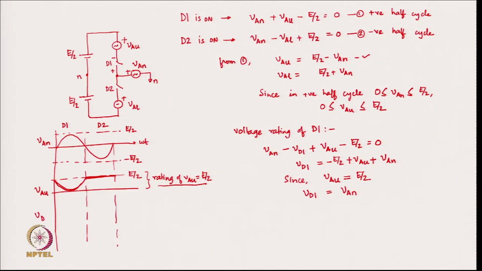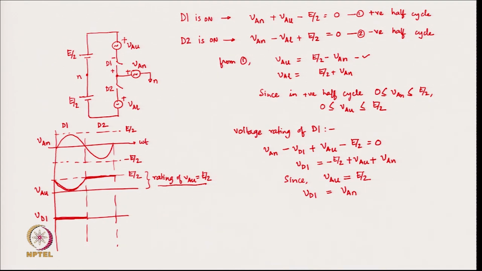So, if I plot the voltage across D1 here, the voltage across D1 will be equal to 0 in the positive half, because it is conducting. So, this voltage will be equal to 0 here, and the voltage is equal to VAN when it is off.